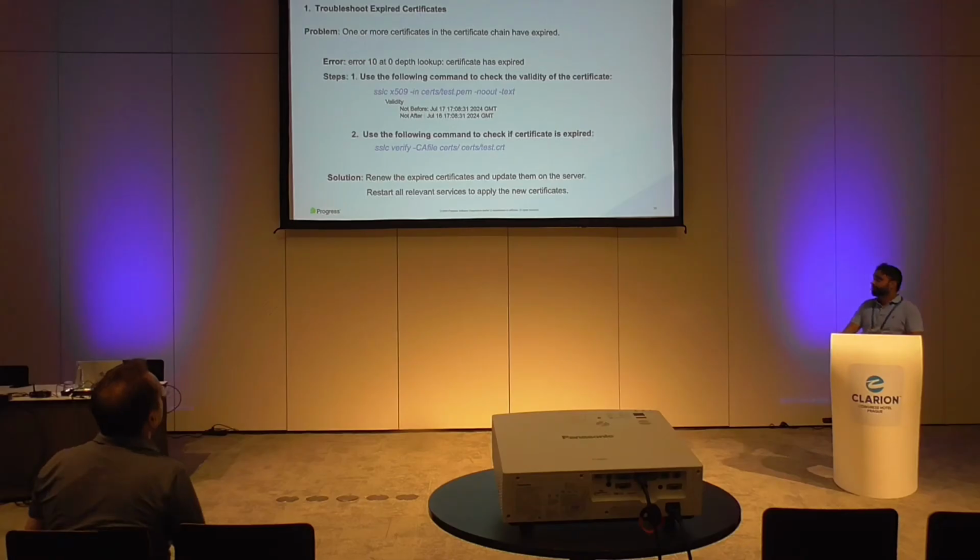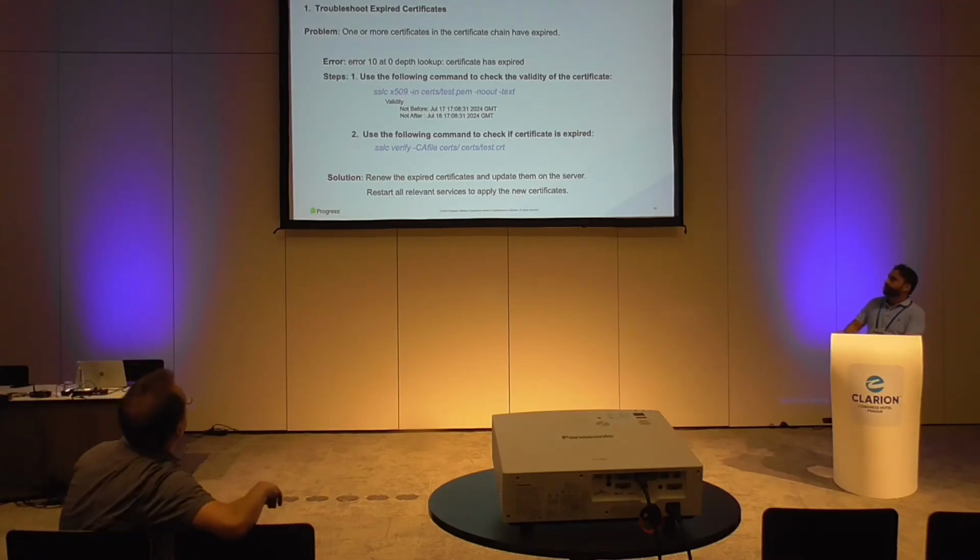How can you check whether a particular certificate is expired? You can automate this. You can use this SSLC command to get the validity information from the certificate, and if you see that the certificate validity is expired, then you should renew that certificate.